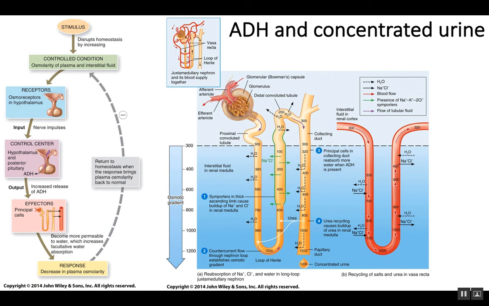So we need to understand the difference between dilute and concentrated urine, and most importantly, understanding how ADH plays a role in producing this concentrated urine. But basically, concentrated urine is the result of keeping water in the body.